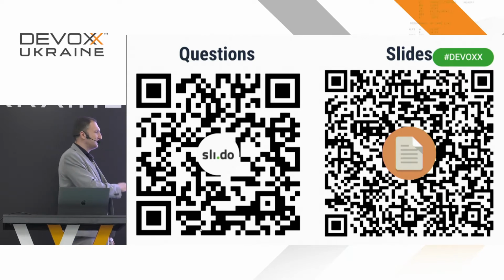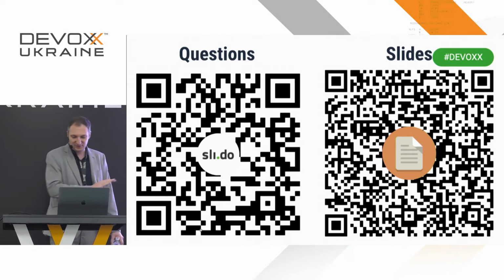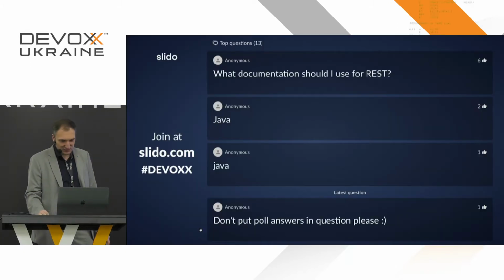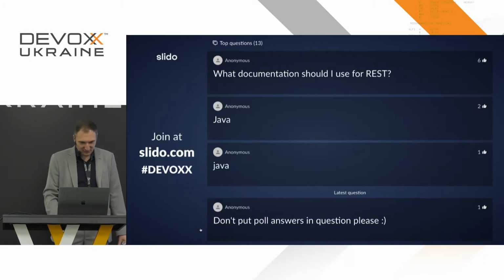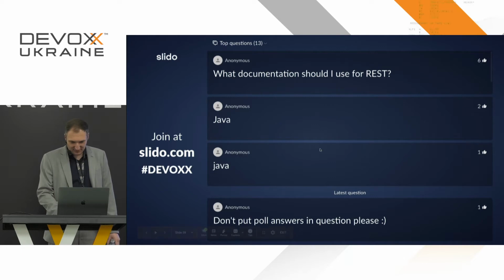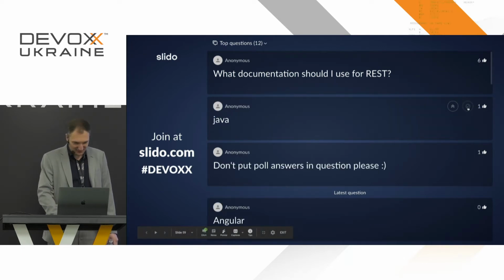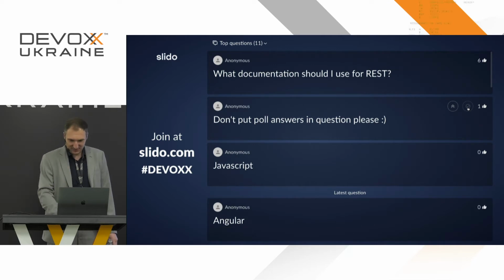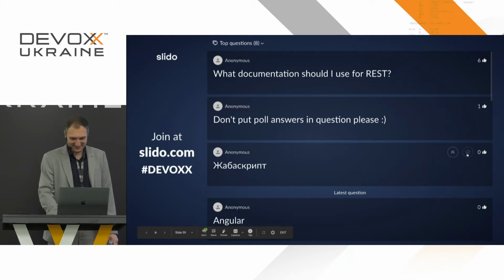If you didn't use the QR code right now, please do that. And I will try to answer your questions. Okay, I think this is done. This is done. Java is awesome. It's a result of wrong stuff. JavaScript, come on. Quack, quack.